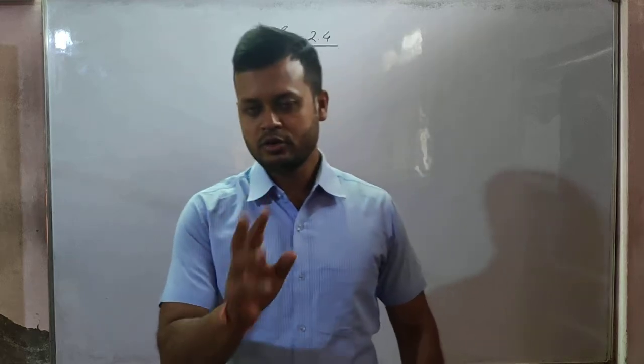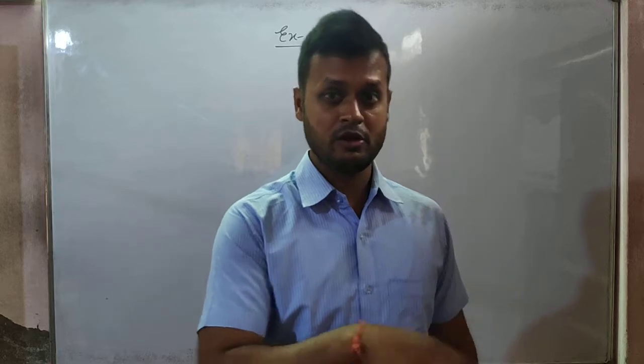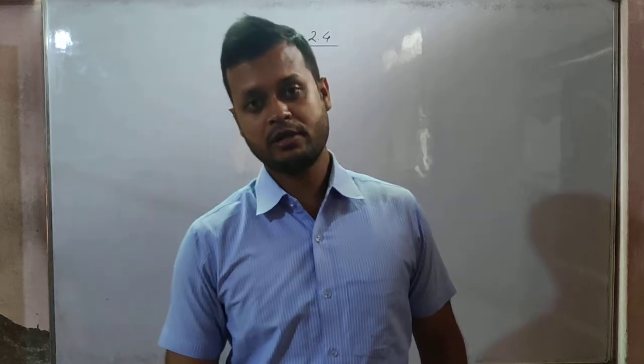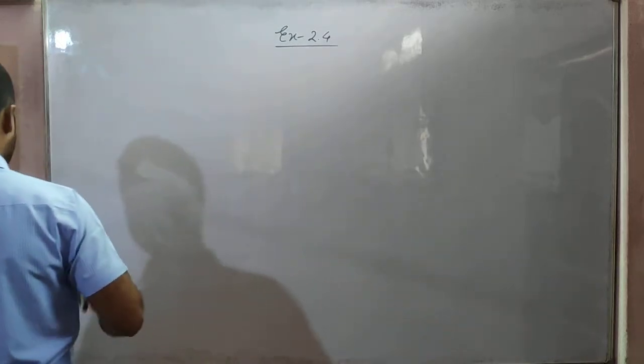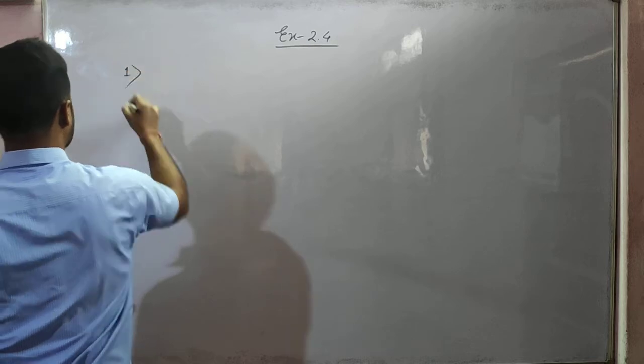If we put the zero of the smaller polynomial in the bigger polynomial and the remainder comes out to be 0, that means the smaller polynomial is a factor of the bigger polynomial. This is all about the factor theorem, isn't it? So with the concept of that theorem, let us try to do exercise 2.4.